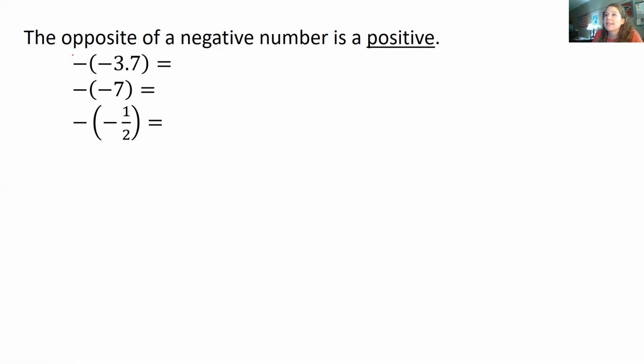So the opposite of -3.7 is +3.7. The opposite of -7 is +7. The opposite of -1/2 is +1/2. You do need to know that, especially as we start adding and subtracting fractions: the opposite of any negative number is positive.